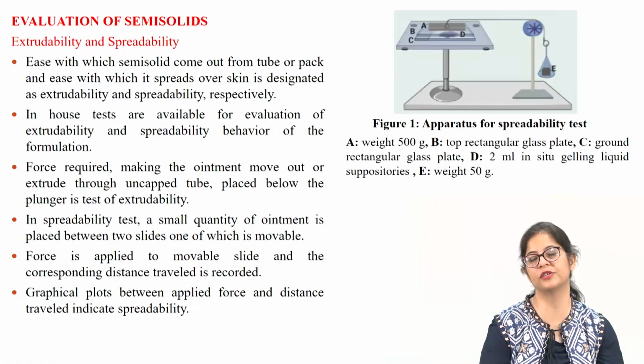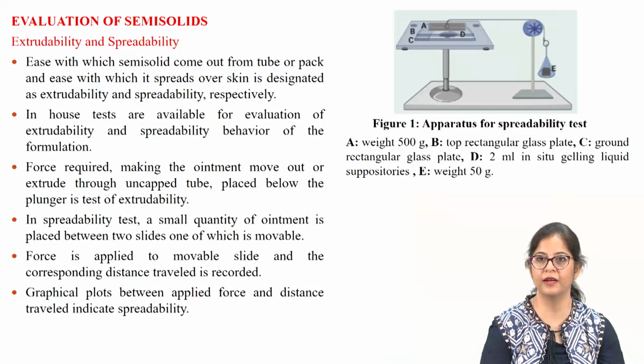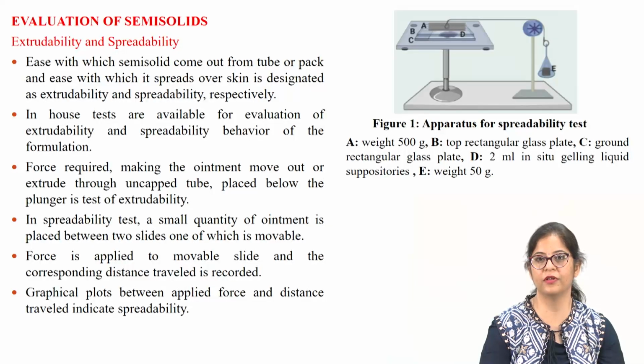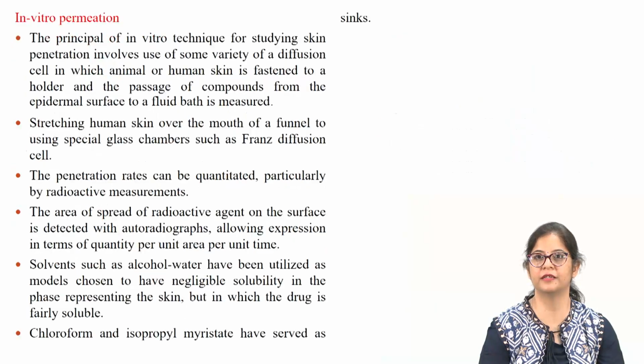The force which helps in moving the movable slide, and the corresponding distance to which it moves, is recorded. So, the graphical plot between the applied force and distance indicates the spreadability. So, this is the apparatus for the spreadability test.